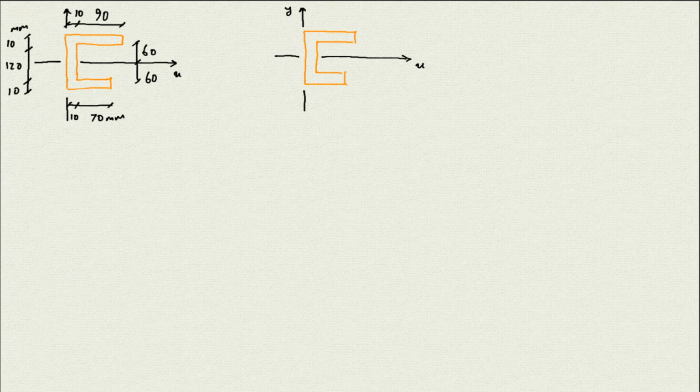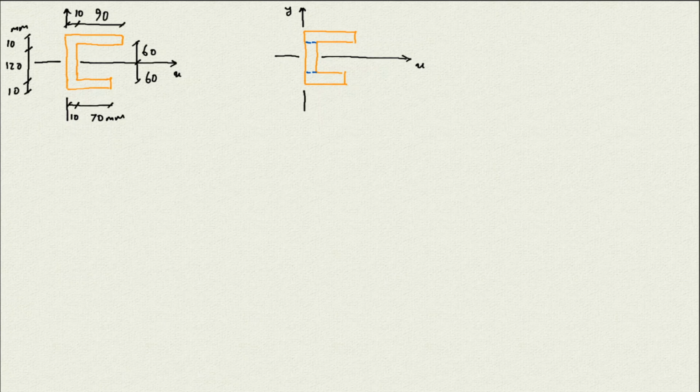Now if I split this into 3 parts, into 3 rectangles, I split them from here. So it's going to be the top part, the middle part, and the bottom part.